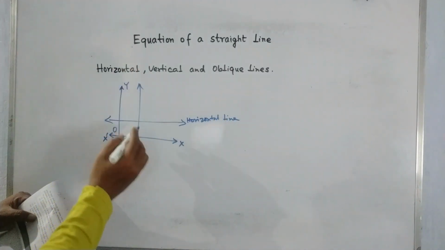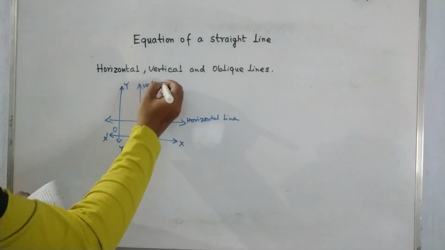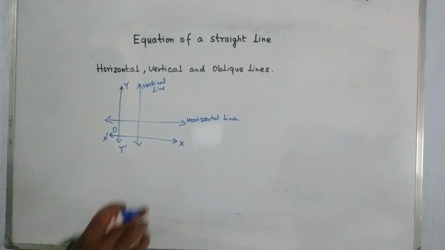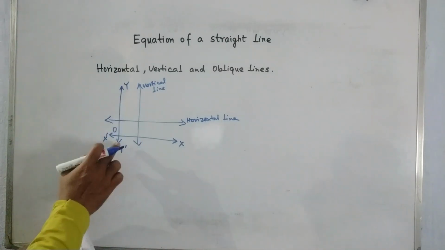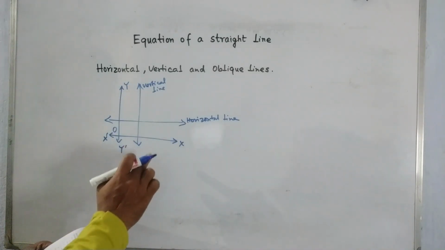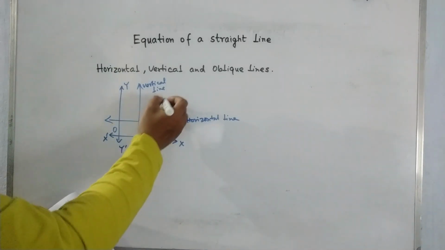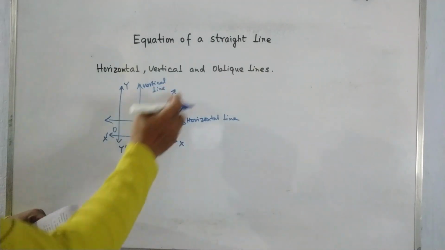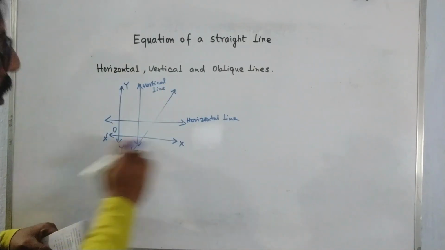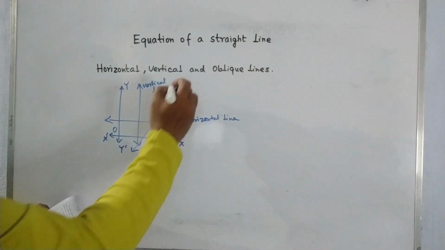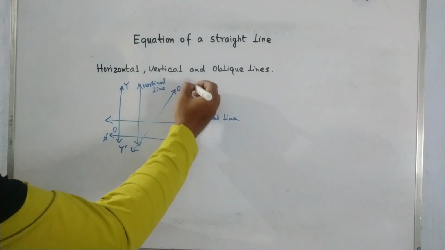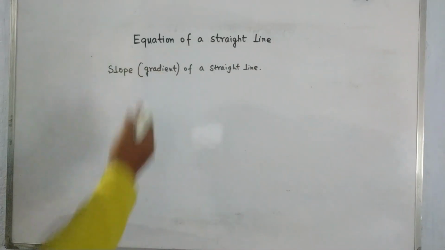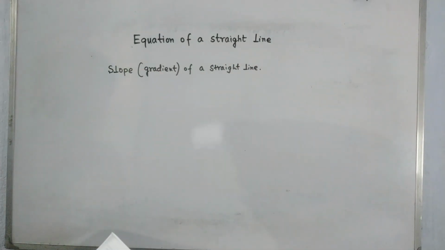Parallel to the y-axis is called a vertical line, and the line which is neither parallel to y-axis nor parallel to x-axis is called an oblique line.